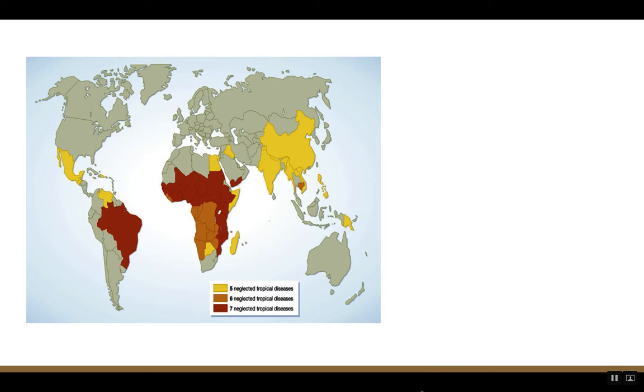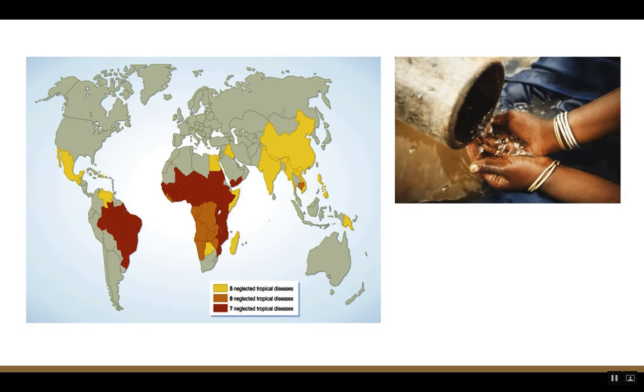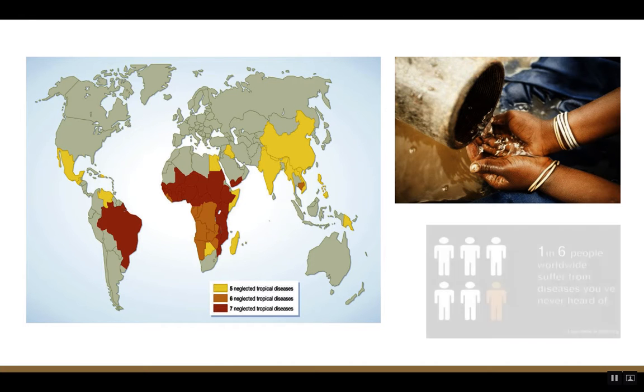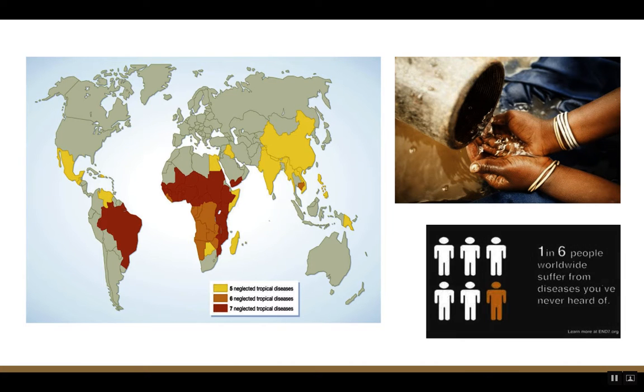Some diseases may also be transmitted through contaminated water and contaminated food. The millions of people that are being affected live in poverty. They do not have the appropriate sanitation or medical resources to get treated. So keep in mind that 1 in 6 people worldwide suffer from diseases you've never heard of.